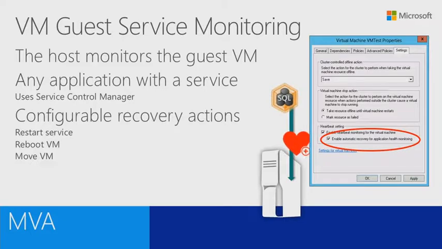We actually interact with Service Control Manager, and we see when that service crashes, we can take control over the actions of that service and that VM. We can restart the service, we can restart the entire VM, see if that helps, or we can even move that VM to a different node. So let's say there's a problem with the virtual network on this node, it's causing the service to crash. Boom, we detect that problem within the VM and move the VM to a healthy node with a healthy virtual network.